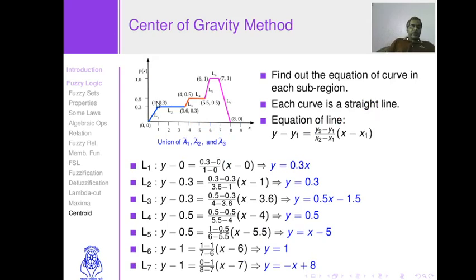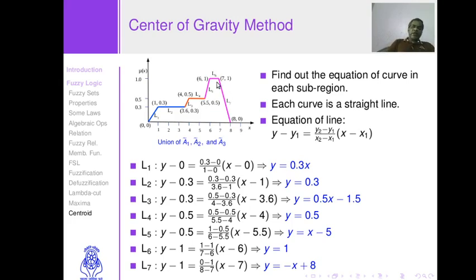Now we have to find the equation for these sub-regions or segments, and these segments are nothing but straight lines: straight line 1, straight line 2, straight line 3, straight line 4, as labeled here L1, L2, L3, L4, L5, L6 and L7. So every sub-region is represented here with the help of a straight line, which makes our job easy.